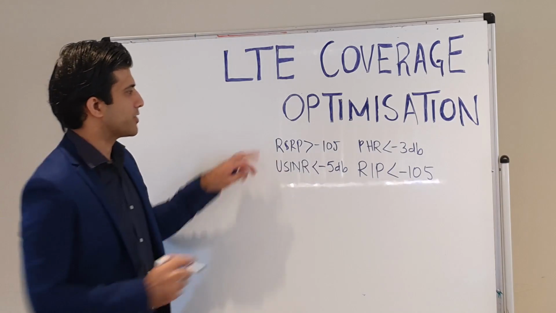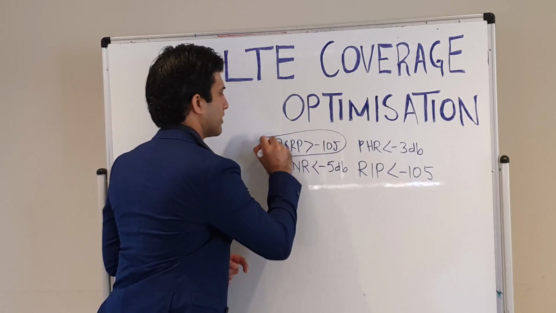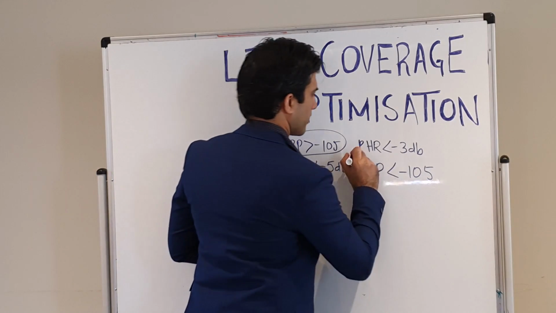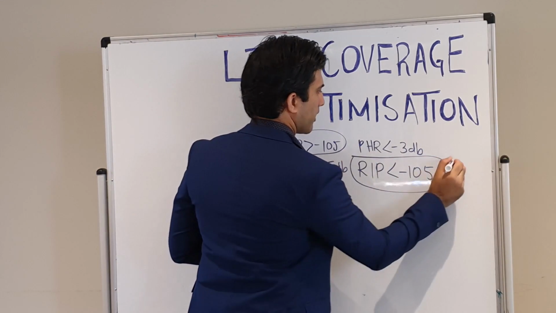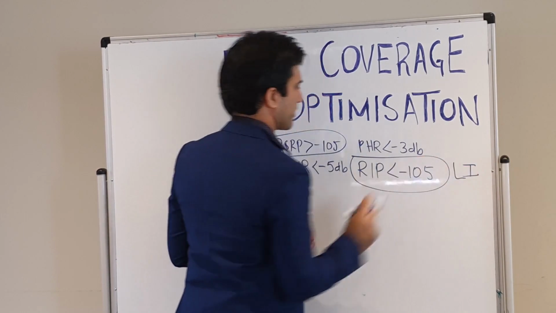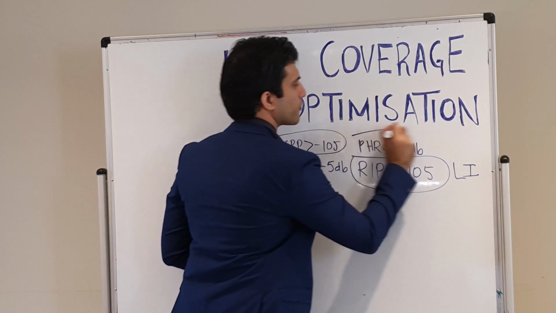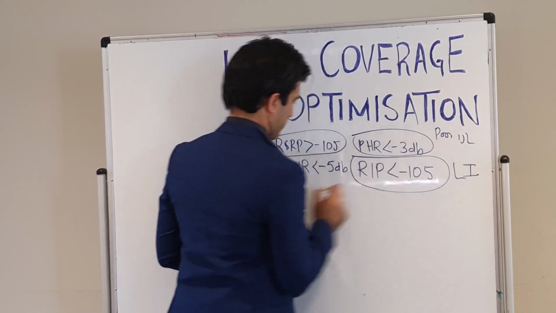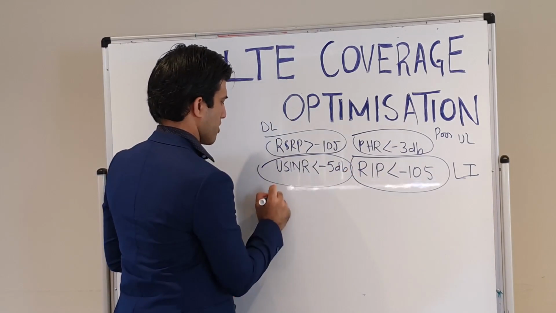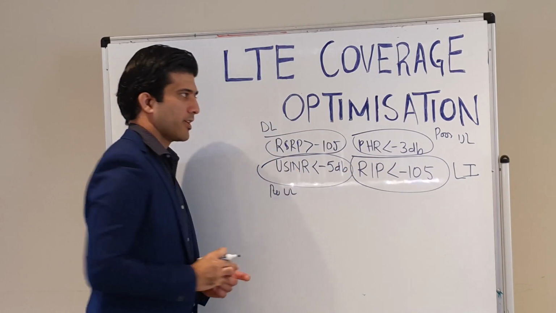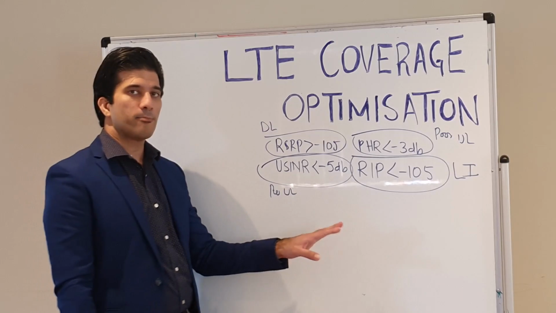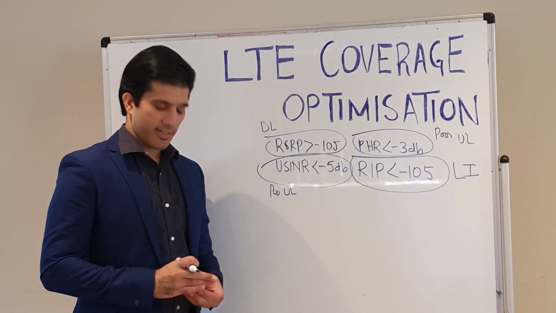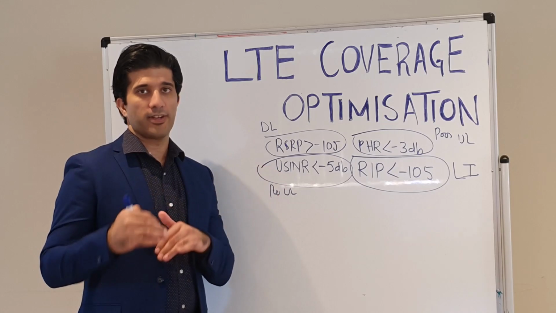So this shows that you have a good downlink, you have low interference, but you have poor uplink.